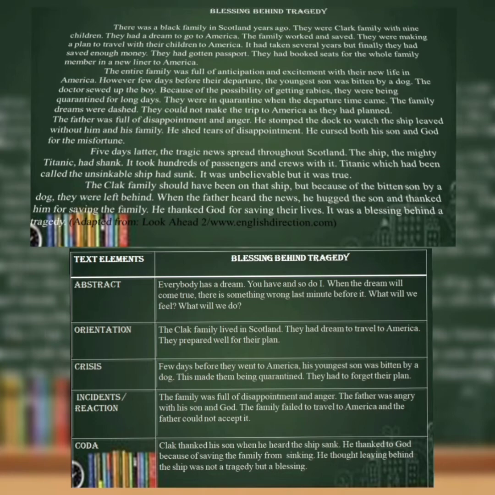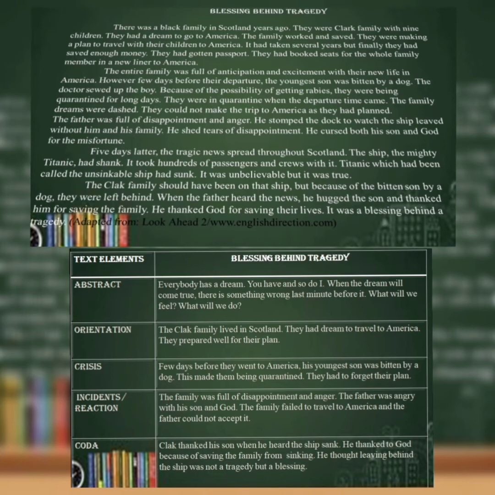And the next element is incident or reaction. We can see it in the last line of the second paragraph and also the third paragraph of these elements: the family was full of disappointment and anger. The father was angry with his son and God.